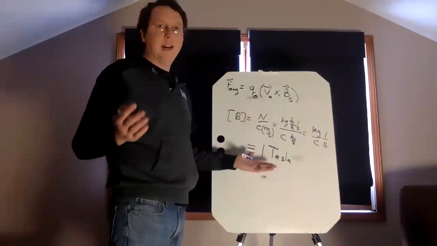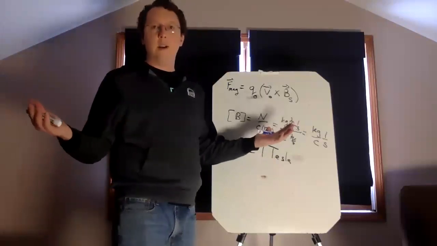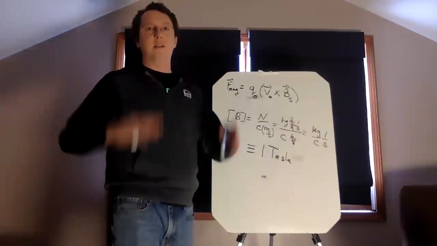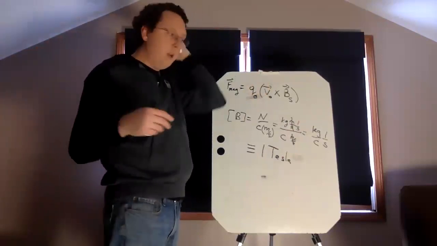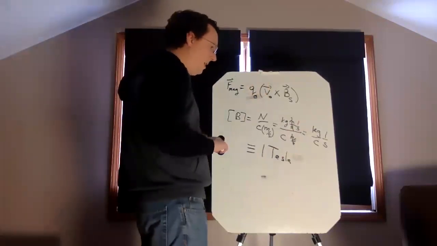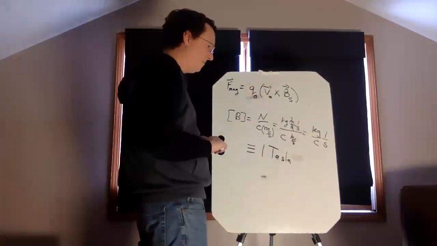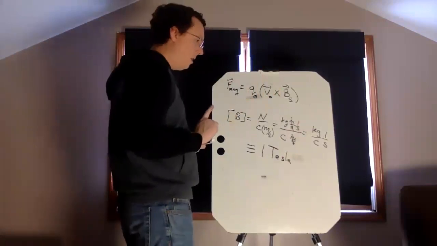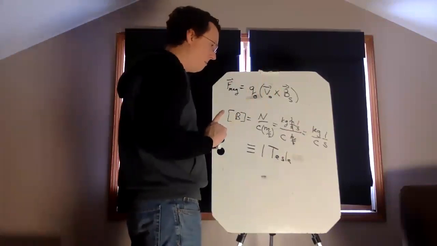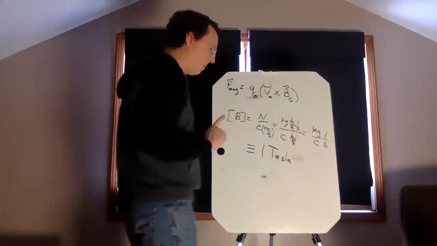I think 1 Tesla is kind of like what an MRI machine generates. I mean, it's a huge magnetic field. We don't get anything near that under normal conditions. Oh, I want to rewrite that, sorry.